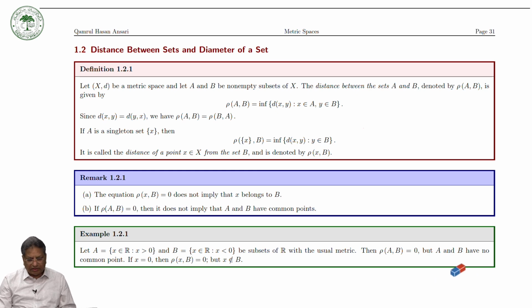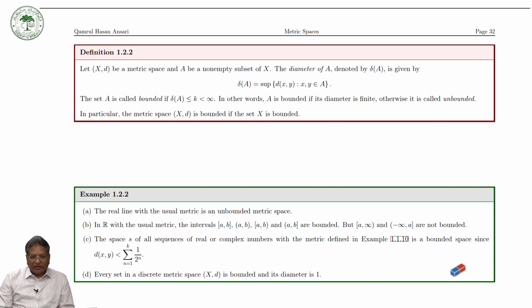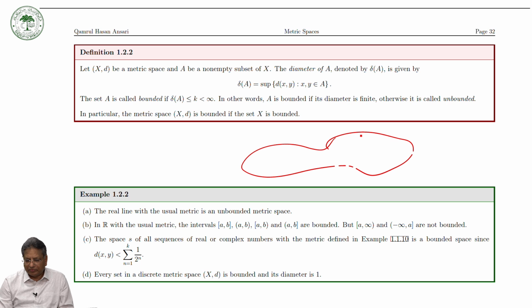So, let us see how we then have the idea of the diameter of a set. What does it mean, the diameter of a set? Suppose you have a set, let me call this set A. What would be the diameter?